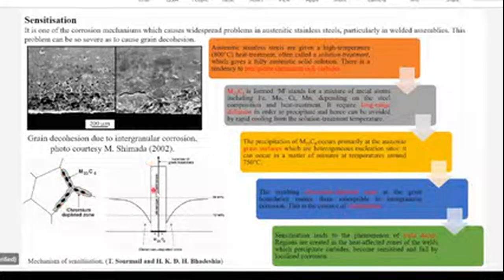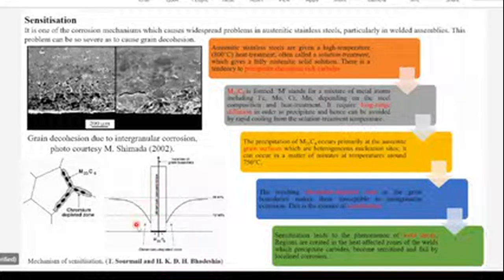So there is rich chromium content in these grain boundaries, but adjacent to the grain boundaries, you can see this chromium depleted zone. This is the chromium depleted zone where, at this position adjacent to grain boundaries, the area is susceptible to corrosion. You can see in this image the crack formation is there. So this is all due to this chromium carbide formation in the grain boundaries, and adjacent to it is the depleted zone.